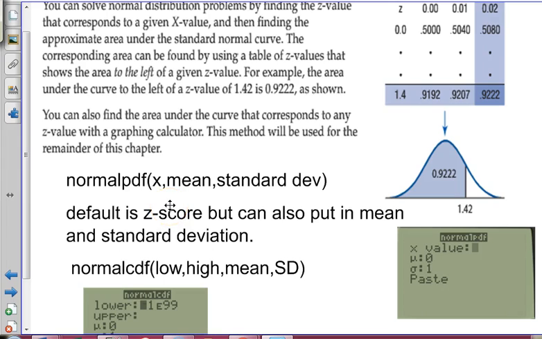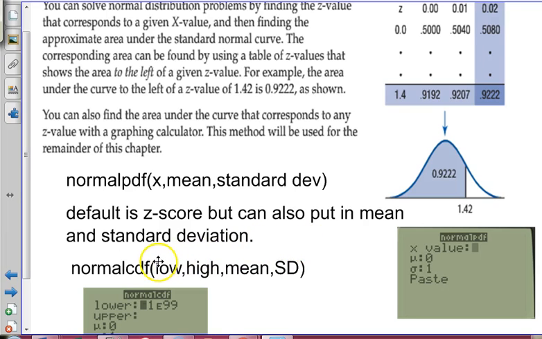It doesn't matter. If you put it in as a z-score, then this would be 0 and 1 for the mean and standard deviation. See, this is the default, guys, when you turn it on. It says x value where the mean is 0 and the standard deviation is 1, okay? But we can also cheat and never find the z-score, we can just put in the x, the actual mean and standard deviation, and it'll find it the same way.